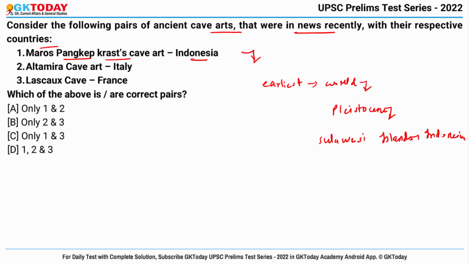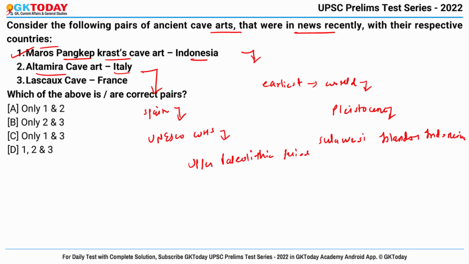So the first is correct. Second is Altamira Cave Art, Italy. This art is actually located in Spain and not in Italy. Also, it is a UNESCO World Heritage Site that dates back to the Upper Paleolithic age. Fine. So this is wrong.